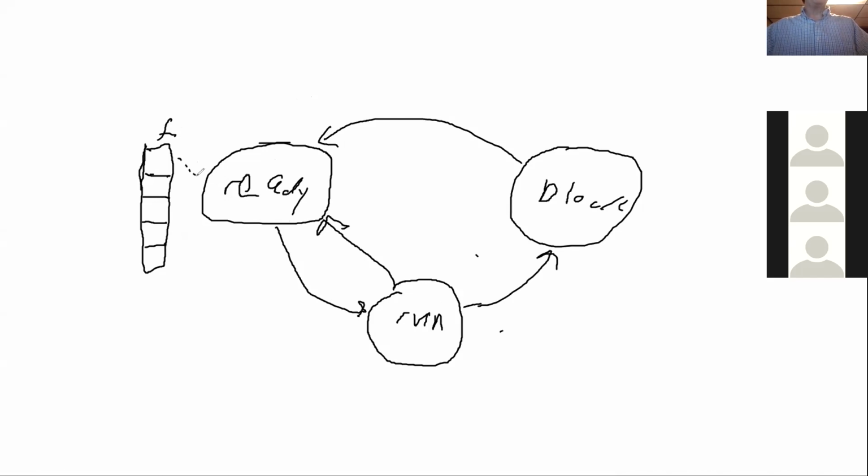So when you enter the ready queue, you enter at the back. When you leave, you leave from the front, and then you do round robin in here.